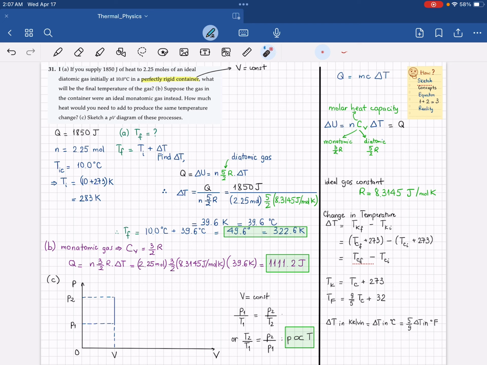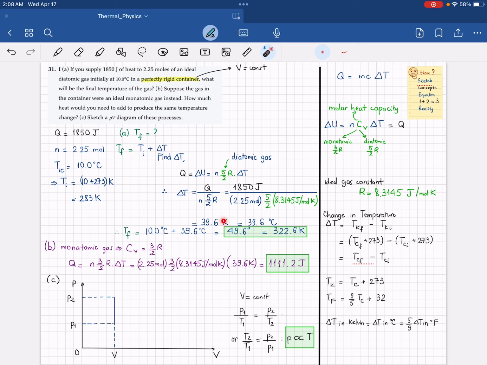So here again, just a reminder, a change in temperature in Kelvin is the same as the change in Celsius, thanks to the conversion from Celsius to Kelvin. Even though Kelvin and Celsius are different from each other, the changes are the same, okay?